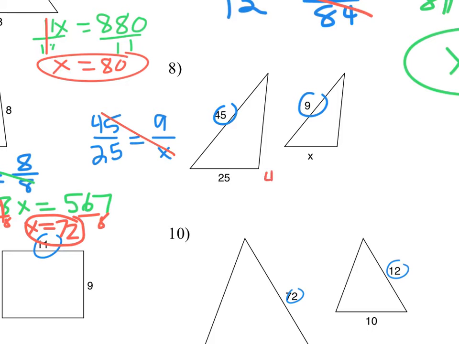That's 45x equals 225. Divide by 45, divide by 45, 1x equals 5.